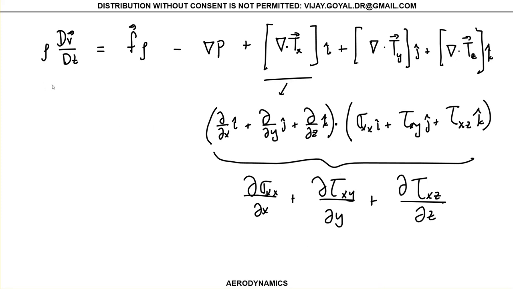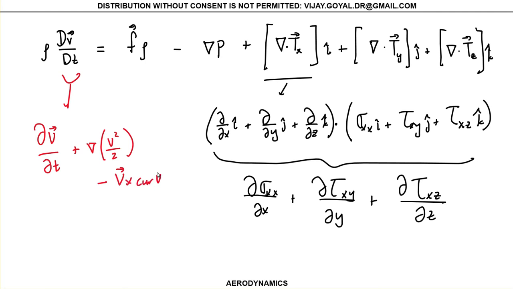So another thing you have to remember, just want to point this out, is that on this left-hand side, this expression right here, we showed that this was actually the partial of v with respect to t plus the gradient of v squared over 2 minus v times curl of v.